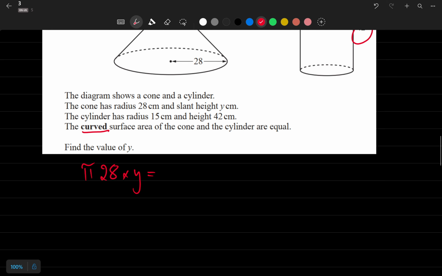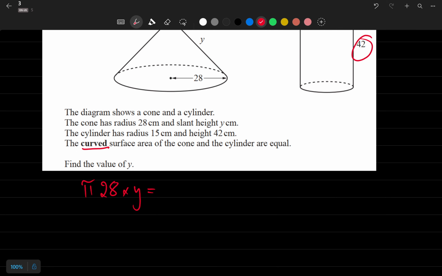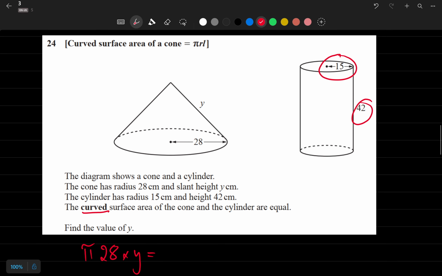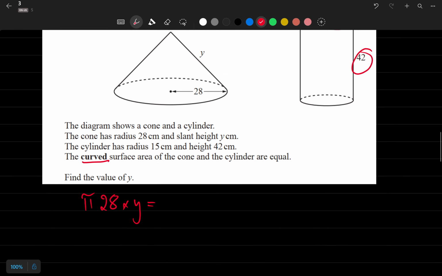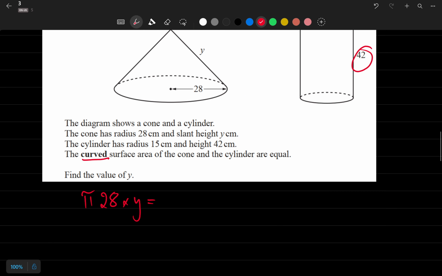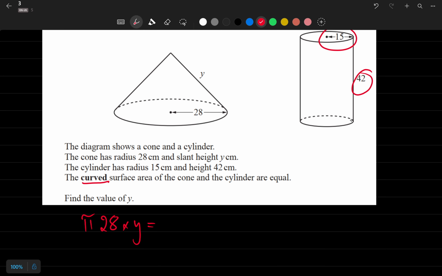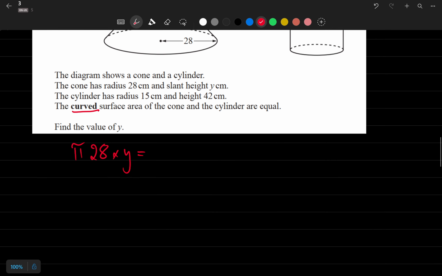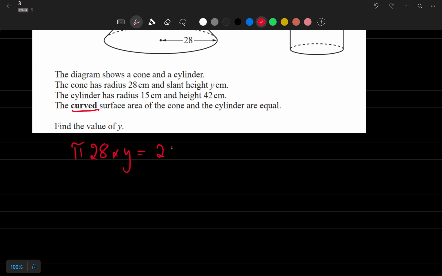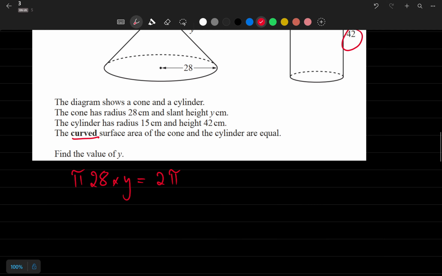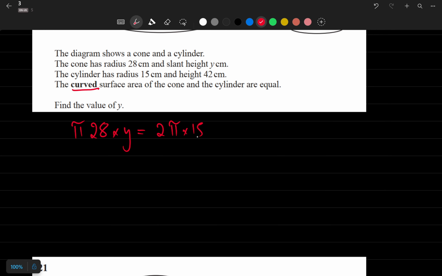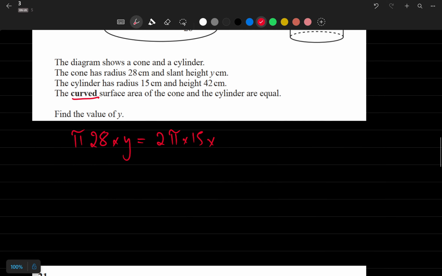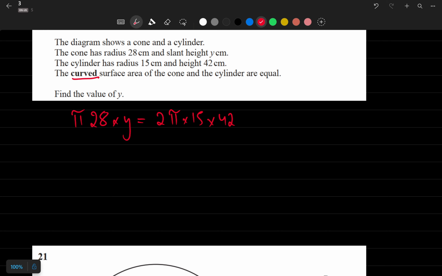Now this is equal to the formula for the surface area of a cylinder, which is 2 pi r into height. 2 pi r for this circular circumference, you can say, multiplied by the height. So 2 pi, radius is 15 centimeter, 2 pi into 15 multiplied by 42, which is the height.